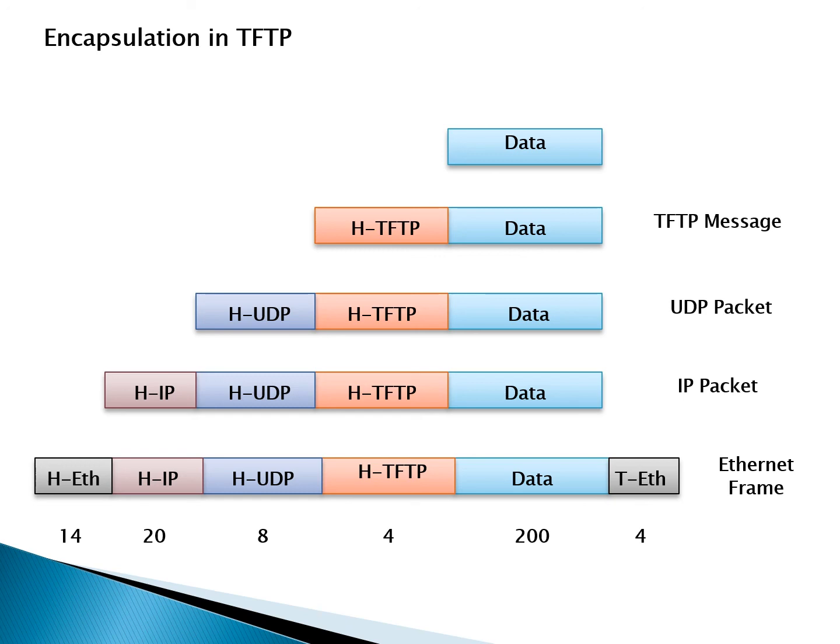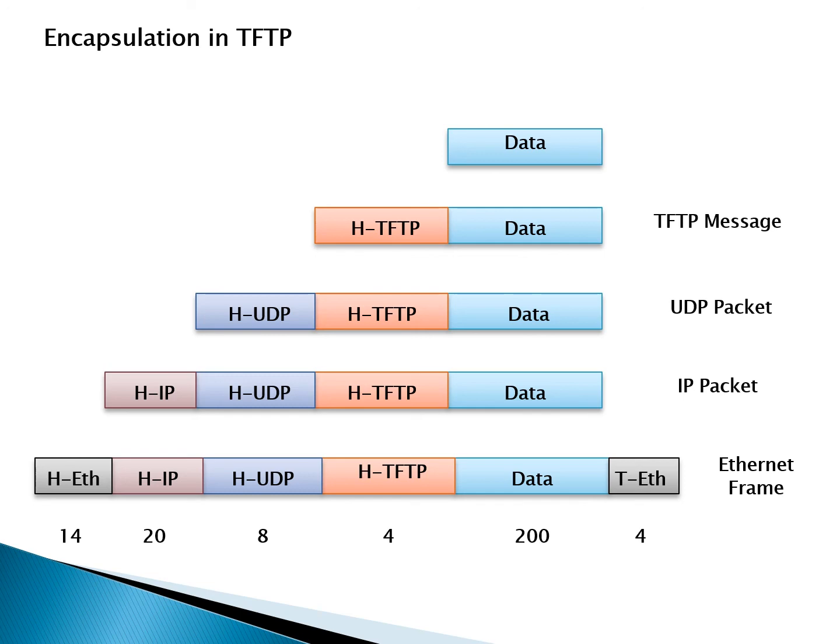So the idea of encapsulation is when data is sent, headers get added for transmission, and when data is received, headers and trailers are removed. At the receiving end, at the Ethernet layer, the Ethernet header and trailer get removed.